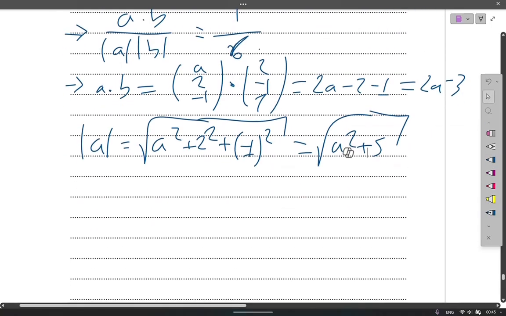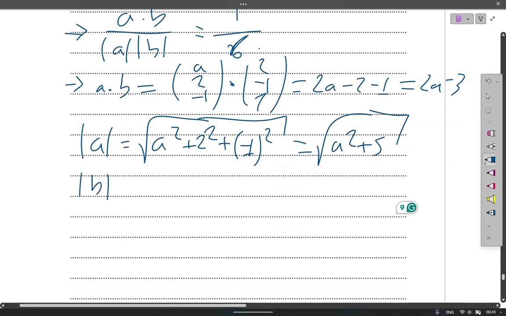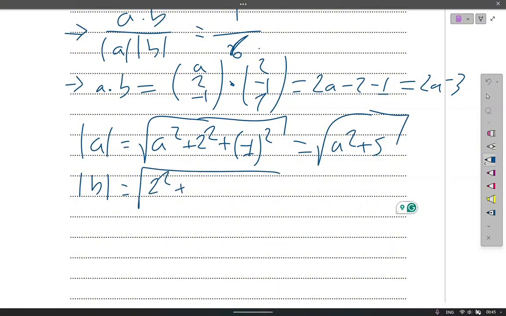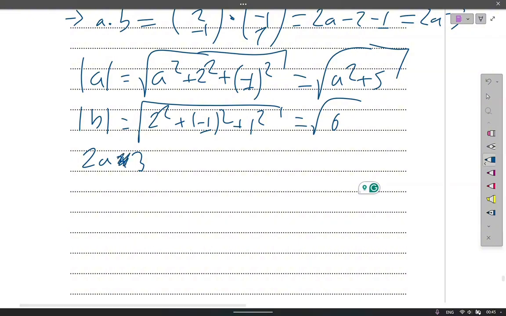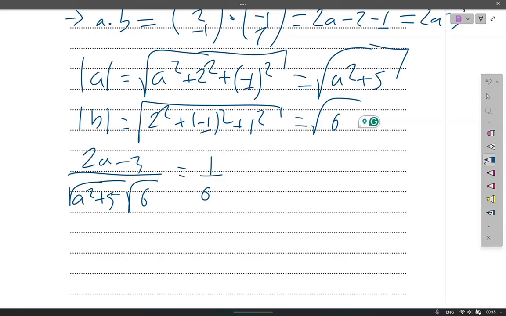Here's this equation for b: 2 squared plus minus 1 squared plus 1 squared, which is just square root 6. Which gives us the final equation for our solution, this one.